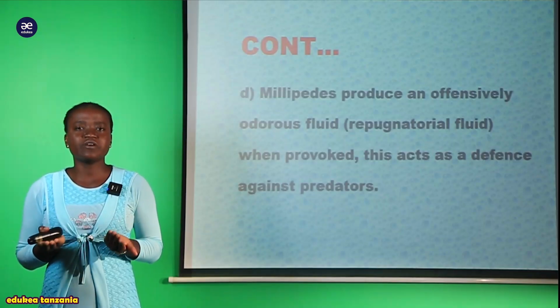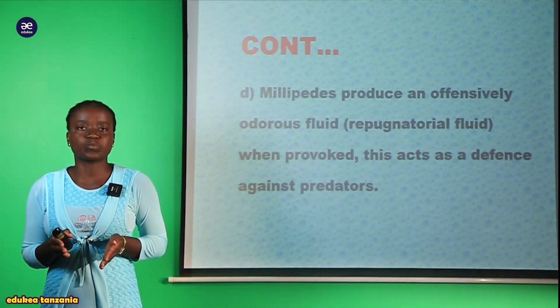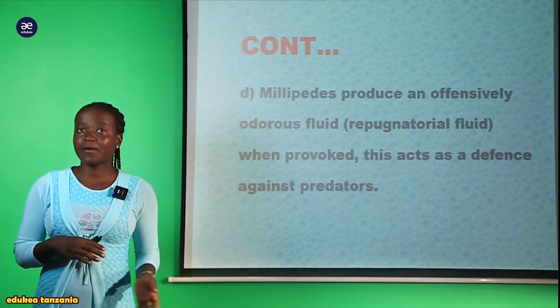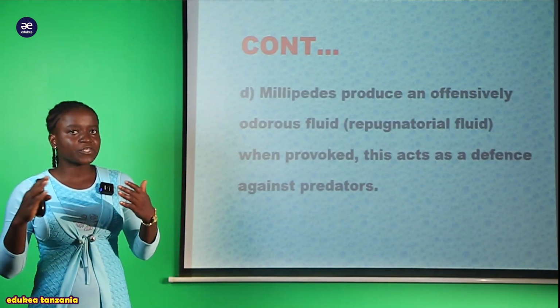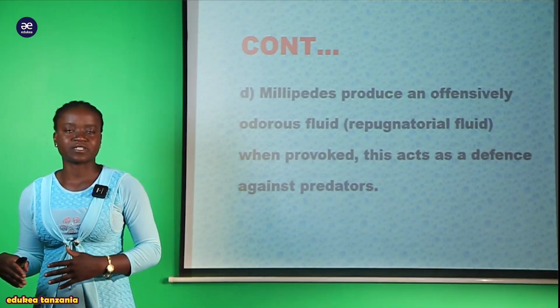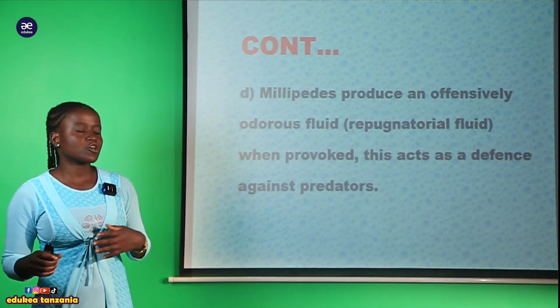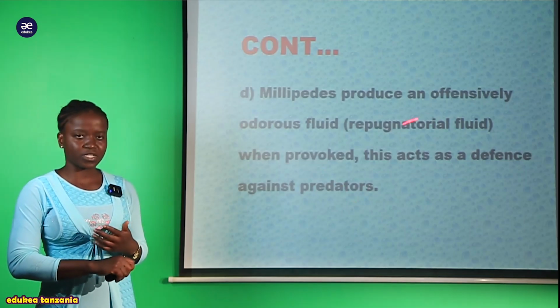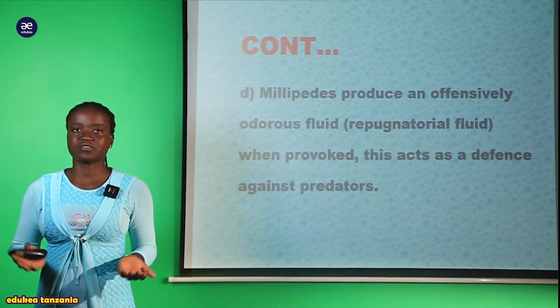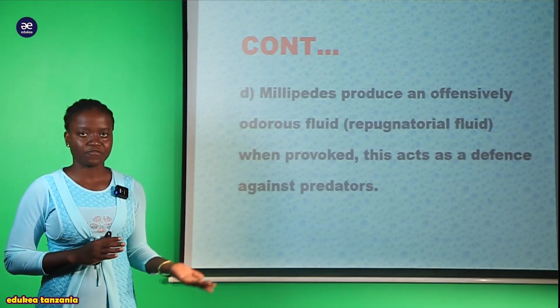Ile harufu ndiyo ambayo inawasaidia hawa organism to protect themselves from their predators. Kwa hiyo sasa wakiproduce ile harufu, kama patakuwa na predators atasema that is harmful au kuna kitu kimeoza, so ataondoka. So this is the adaptation that help this organism to live freely within the environment.